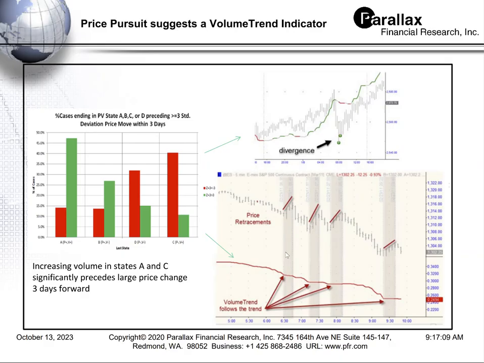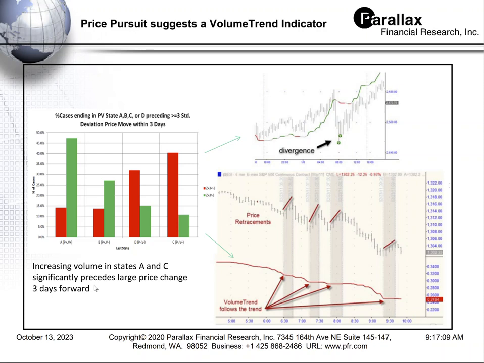The next question is, what is this sequencing that makes a difference? What we did was look at 3 standard deviation moves in price and what preceded those big changes in the Dow Jones series.